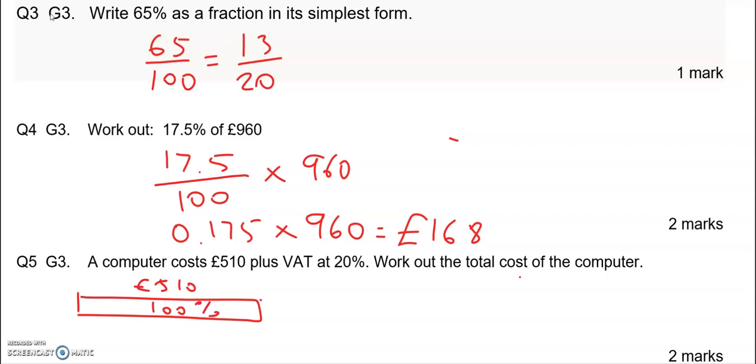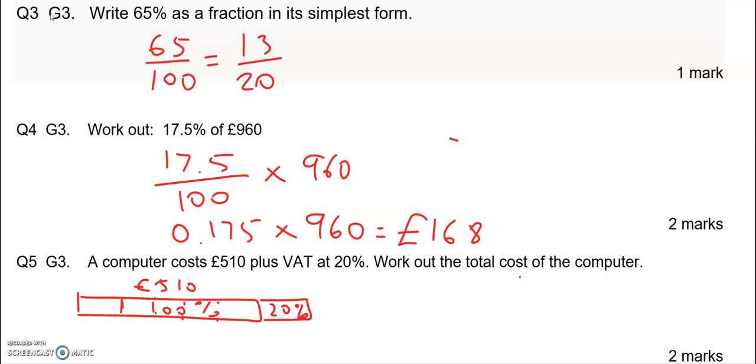Then VAT is added on top, which is 20% of this. So this would be the same 20% as any 20% within the 100. So if I split this into 5, it'd give me 20%. So an extra 20% on top.